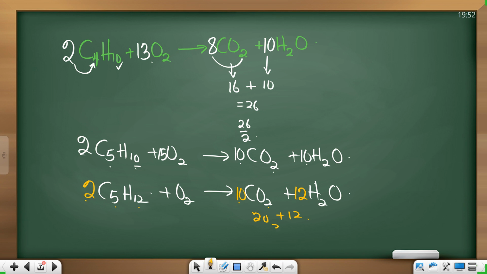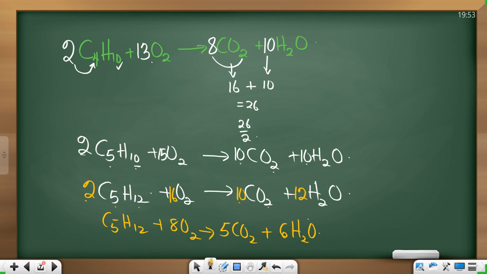Plus 12 would give us what? 32. Divide that by 2. You get 16. But in this case, you would notice these are even numbers all through. We divide by 2. So I'll have C5H12 plus 8O2 to give me what? 5CO2 plus 6H2O. And that's it, guys.